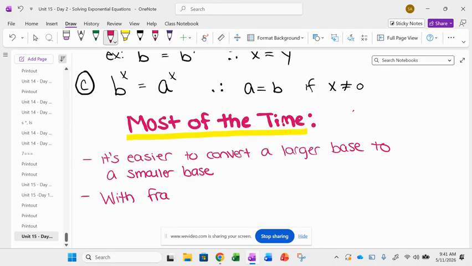With fractions, convert the smaller to the larger.